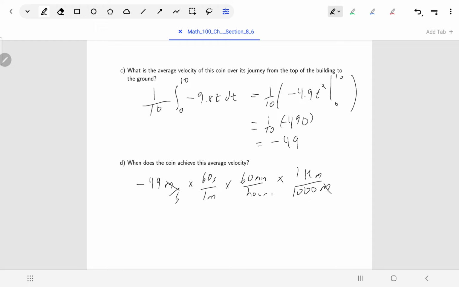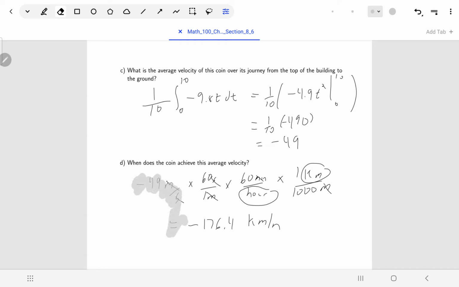So meters and meters cancel, minutes and minutes cancel, seconds and seconds cancel, and we're left with something in terms of kilometers per hour. And in terms of kilometers per hour, it would be negative 49 times 3,600 divided by 1,000, or negative 176.4 kilometers per hour. That's how fast our coin is zipping down to the earth on average. In fact, it's going a lot faster than that when it actually hits the ground.